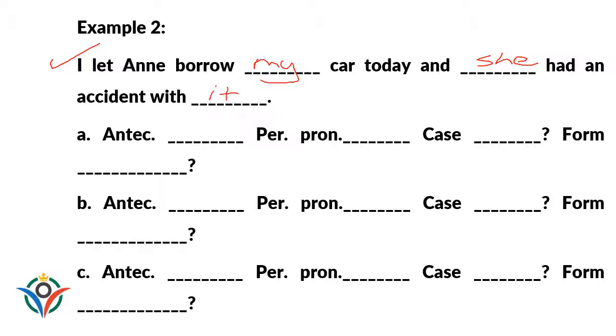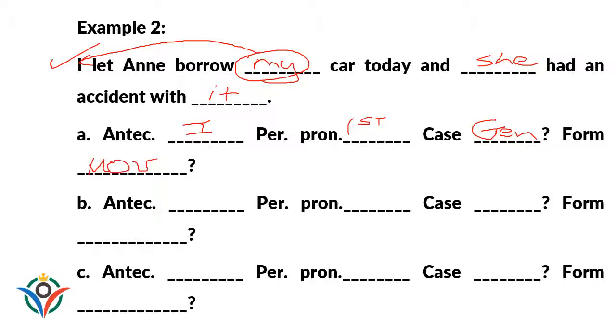All right, so let's do the example of my first. So the antecedent for my is the subject I, so we can write I. Personal pronoun, it's a first person personal pronoun. The case is genitive because it's showing possession, and the form therefore would be mou.